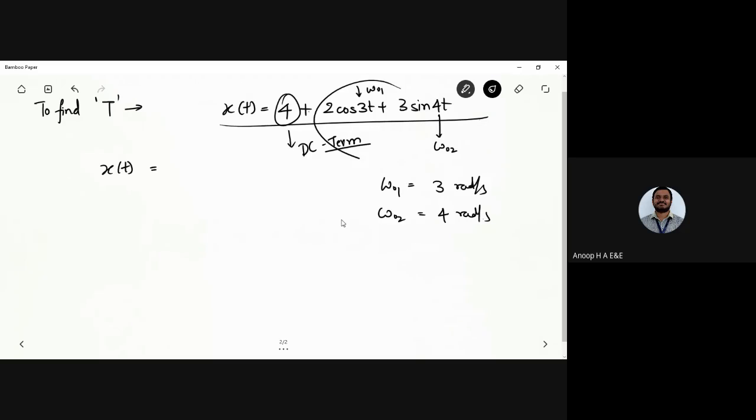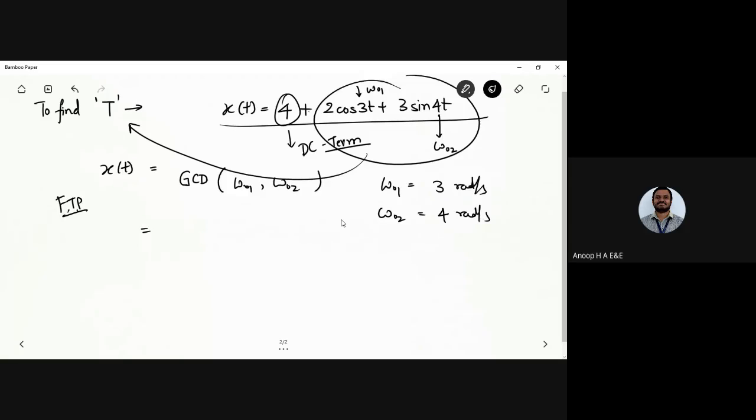So while calculating the fundamental time period, what will you be doing now? You are going to take the GCD of the frequencies, that is omega naught 1 and omega naught 2, which are 3 and 4.